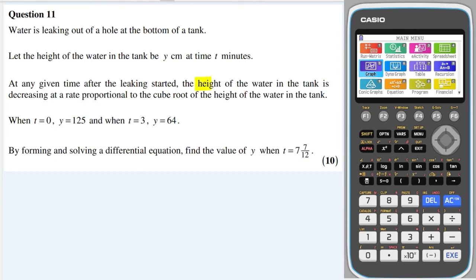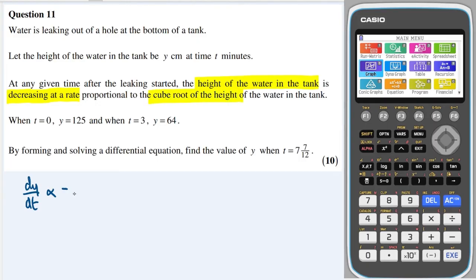So the height of the water in the tank is decreasing at a rate. Decreasing rate means that dy by dt, because it's with respect to time, is going to be proportional to, it's decreasing, so negative, the cube root of the height.